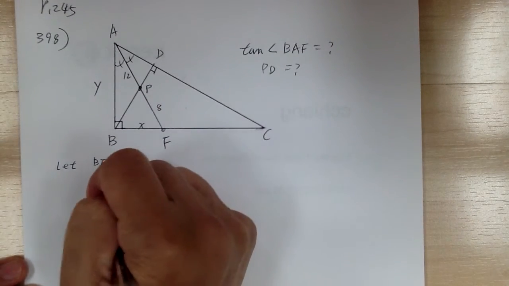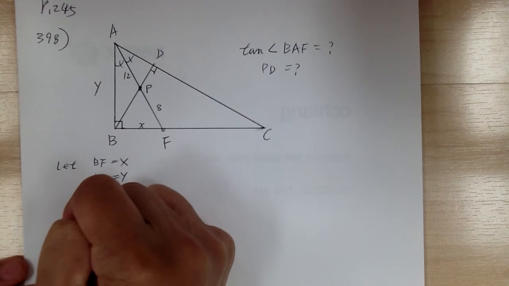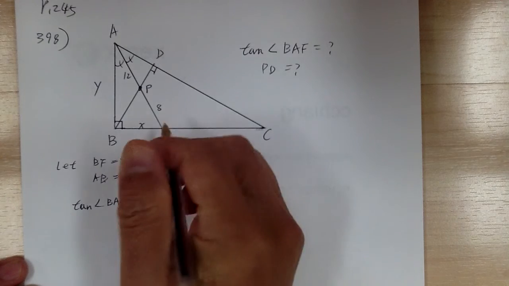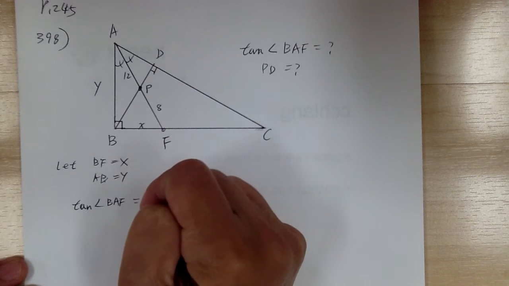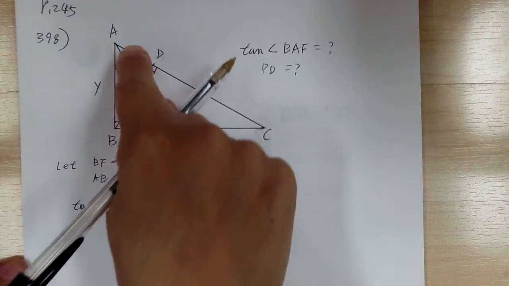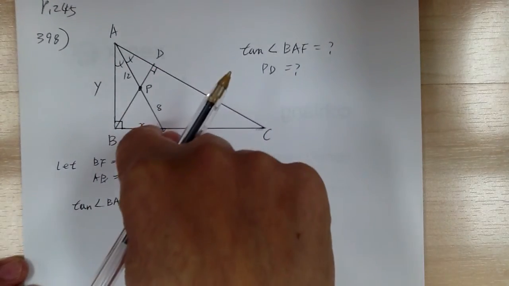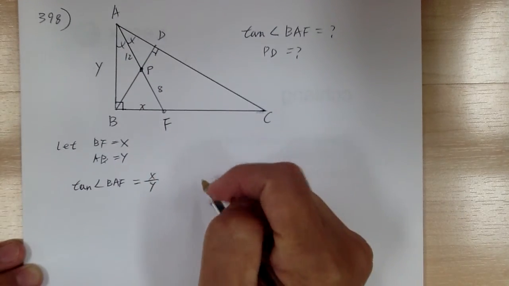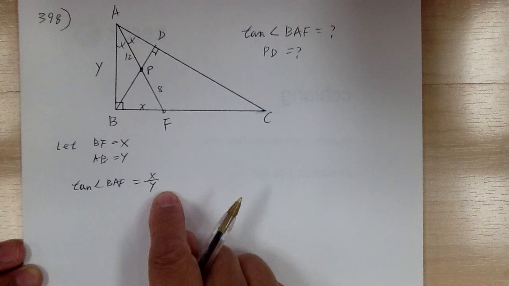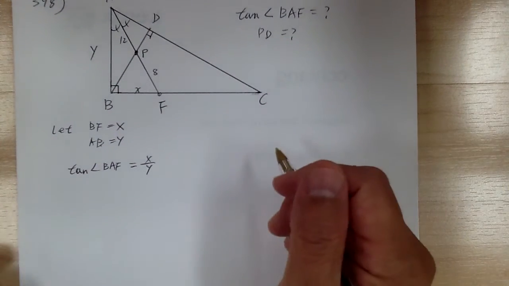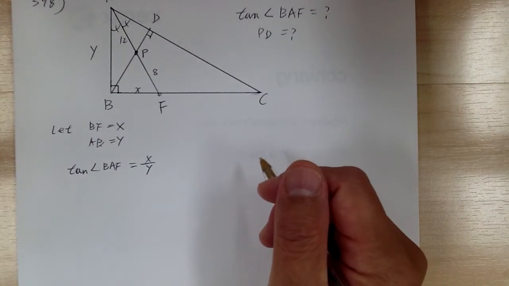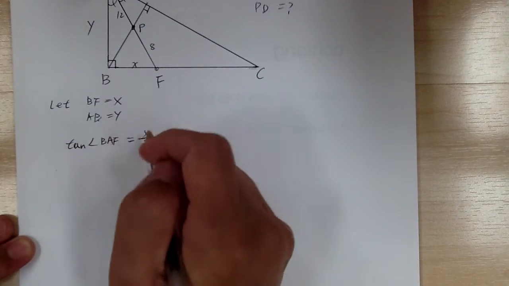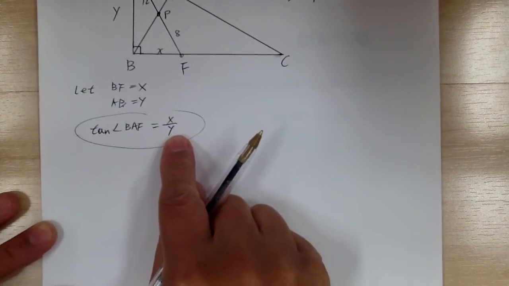So what we're looking for is the tangent of angle BAF, which is opposite over adjacent, so X over Y. Now we have to look for the X and the Y. So kind of keep that in mind.